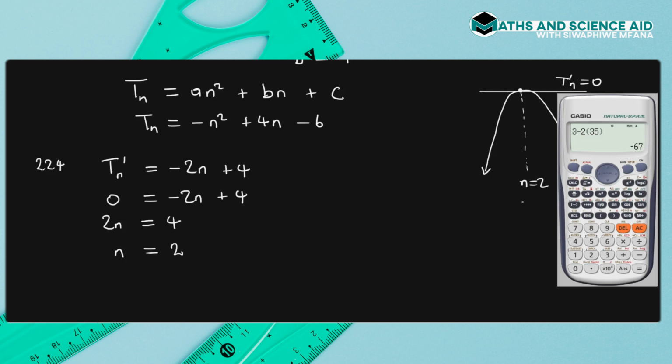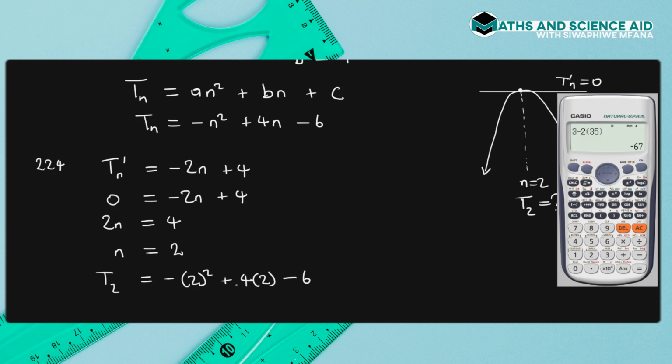But now, if n is equal to 2, then what is the value of the term? To do that, we will just simply substitute 2 into our nth term. So we are going to get negative 2 squared plus 4 multiplied by 2 minus 6.